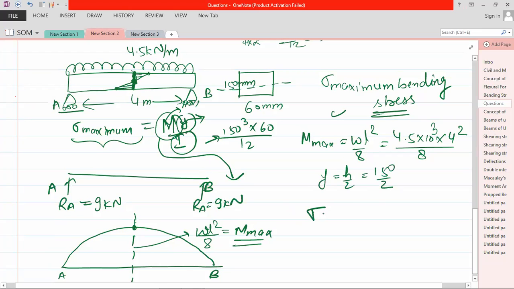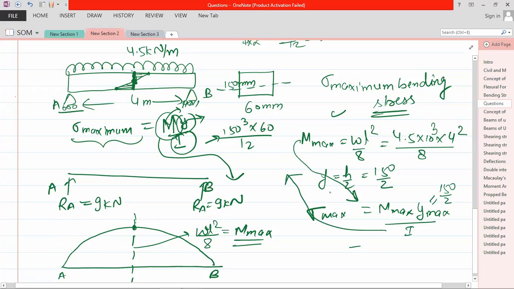Now sigma max would be M max Y max divided by I. This is your M max. Y max would be 150 divided by 2, and your I I have already given. So please solve it. I am writing the value. Sigma maximum is equal to 40 megapascal. So if anyone has any problem, please ask.